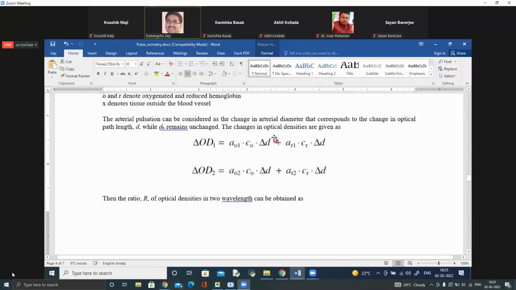Delta D is the change in the volume or thickness of the blood vessels because of the heart pumping blood, or the heart taking out the blood from that particular portion, because of the periodic pushing, compressing and expansion of the heart. Okay. Now tell me, what is the problem here?